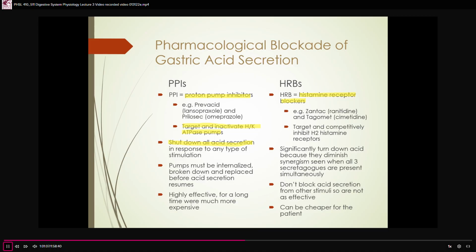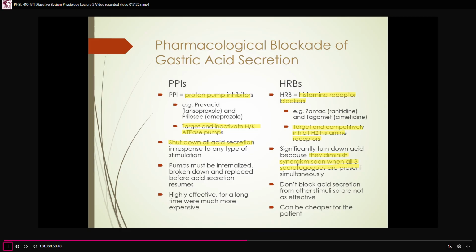Well, HRBs are drugs that target the receptors for the histamine to act, can significantly turn down the production of acid that's related to histamine, but it can't turn down the acid that would be induced by the release of GRP or just simple gastric stretch in the gastric wall, and the presence of, detecting and being turned on, gastrin secretion being turned on just by the presence of particular amino acids and stuff.